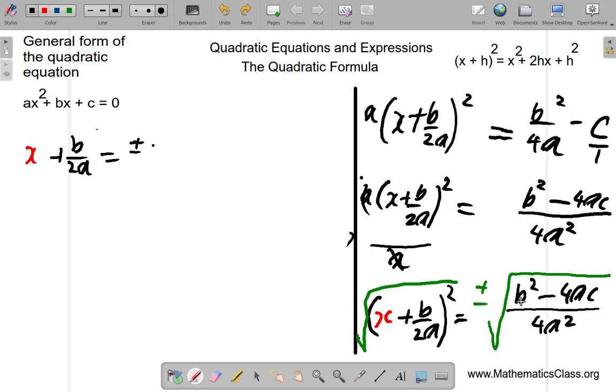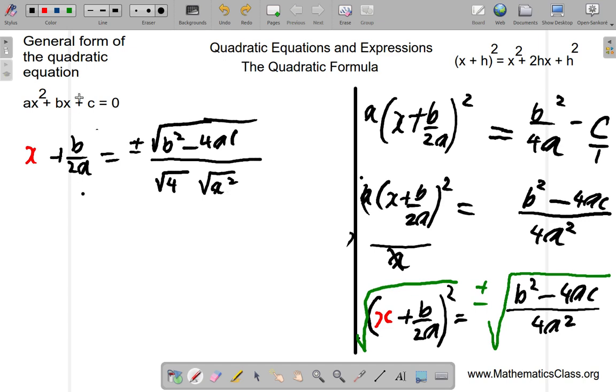But guess what? You could separate the top and bottom. The square root of b squared minus 4ac over the square root of 4a squared. You see that? But guess what? The square root of 4a squared, you could separate that as well. You could say the square root of 4 times the square root of a squared.